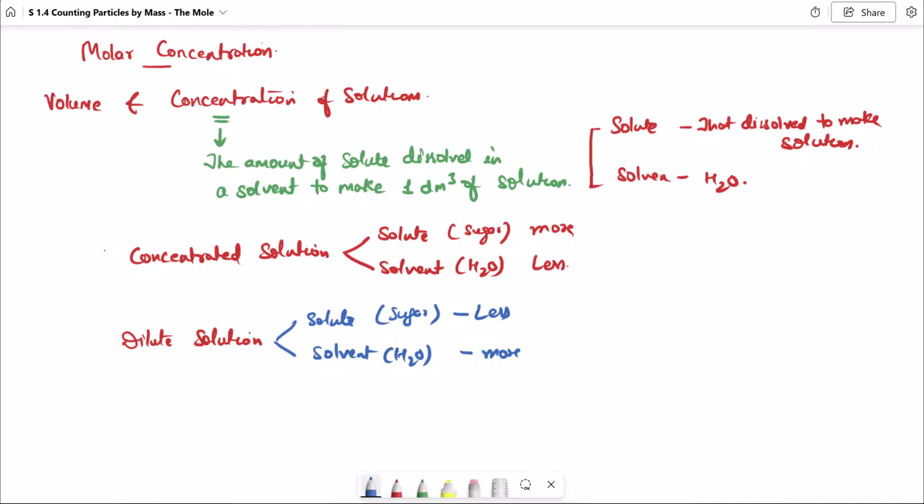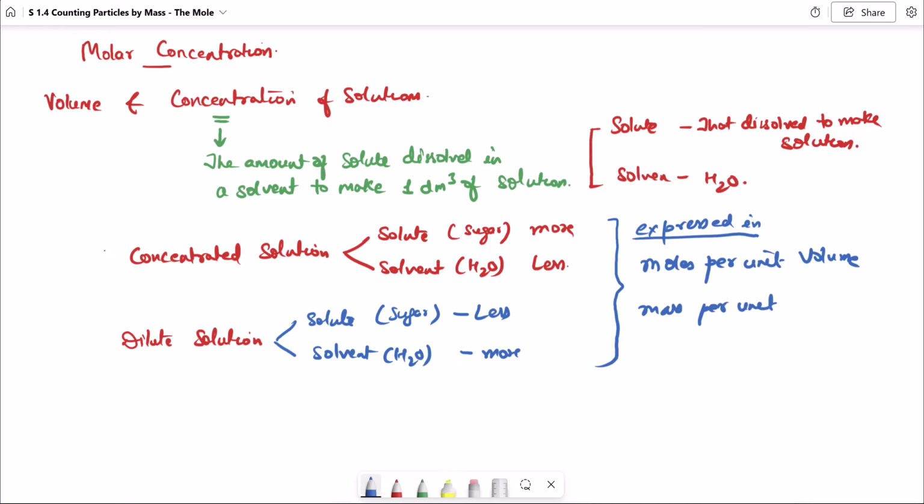So these concentrations, what I'm talking about, less, more or high, we can express in moles per unit volume, mass per unit volume, or parts per million.